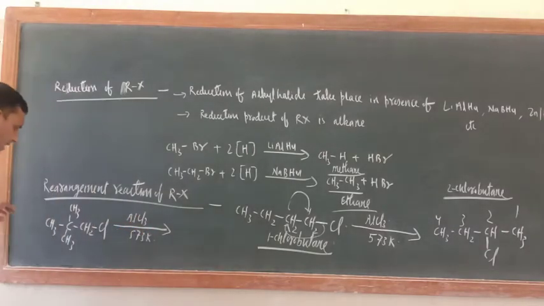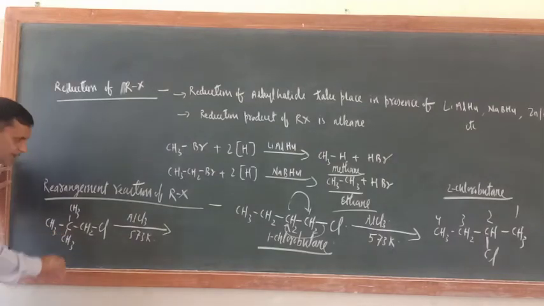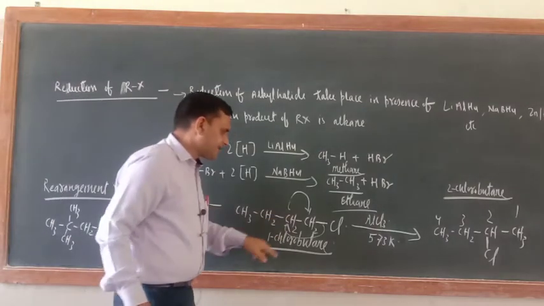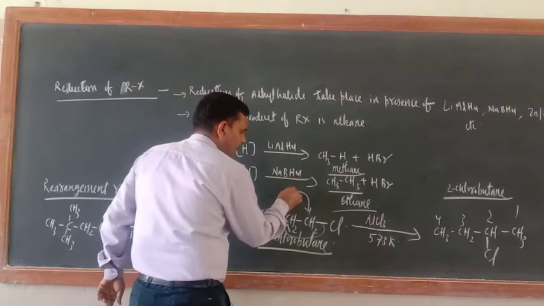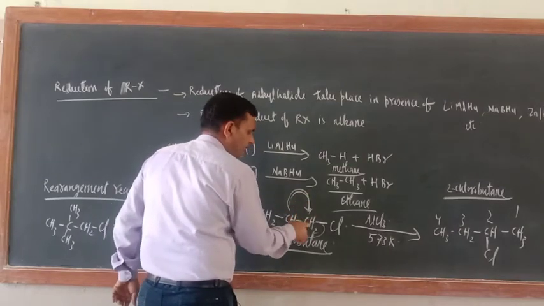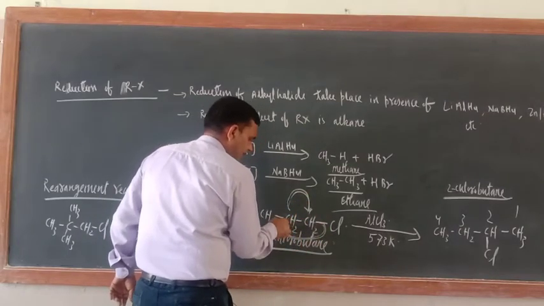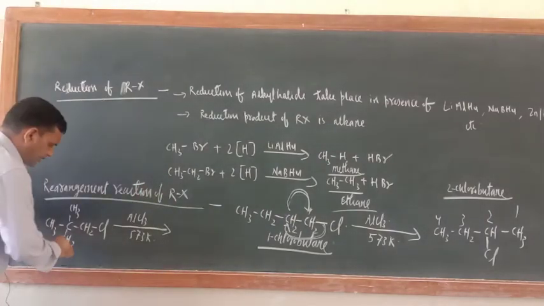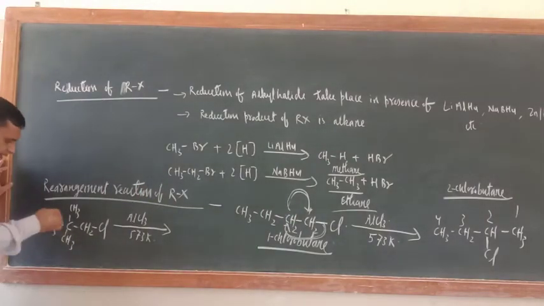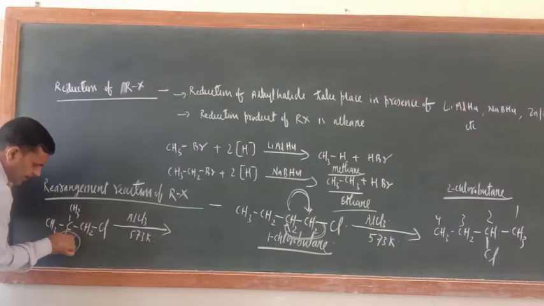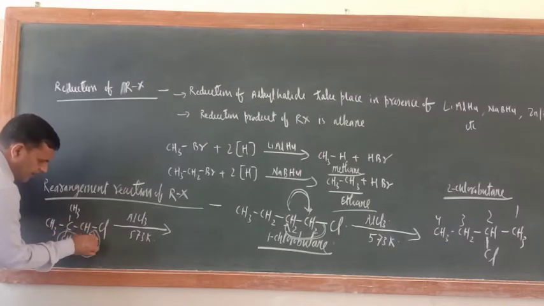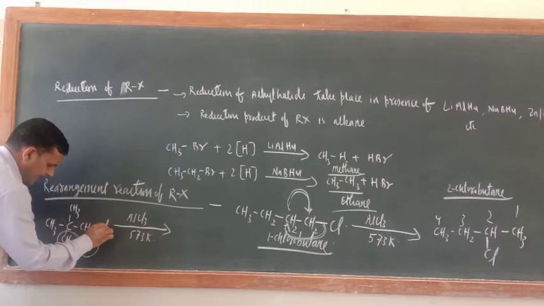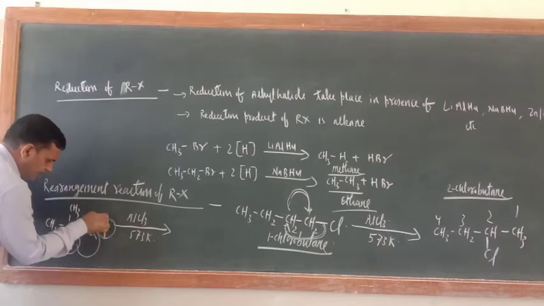Now just see, hydride shift is there. One hydrogen is shifting from here to here and Cl is shifting here to here. Here methyl shift is there. Shift this one here to here and Cl here to here.